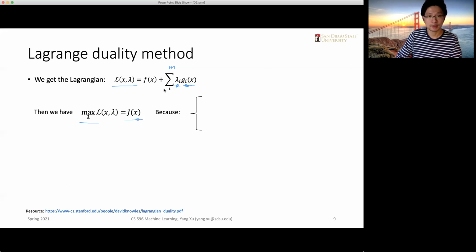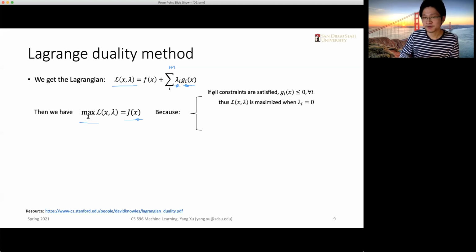Because when all the constraints are satisfied, the Lagrangian is maximized when lambda equals 0, because we want to eliminate those negative terms.